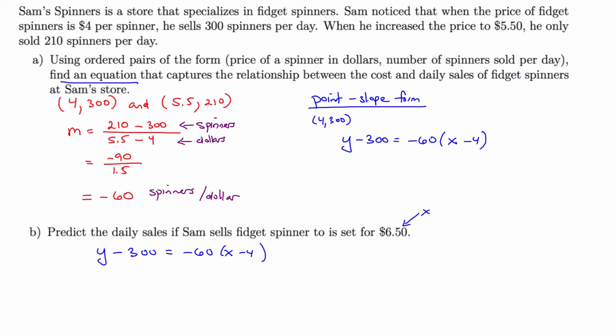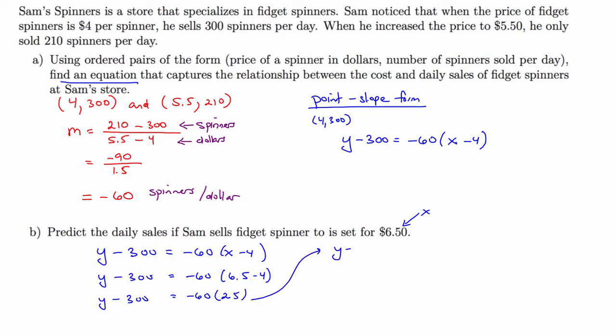So to do this, we will substitute 6.5 into the equation for the x. So y minus 300 equals negative 60, 6.5 minus 4. y minus 300 equals negative 60 times, 6.5 minus 4 is 2.5.